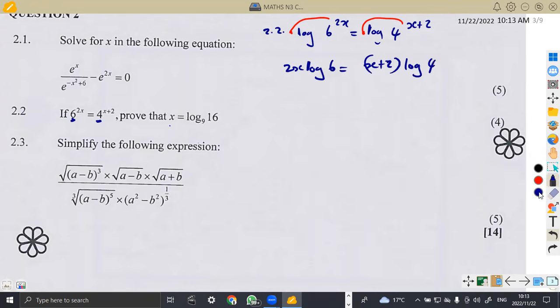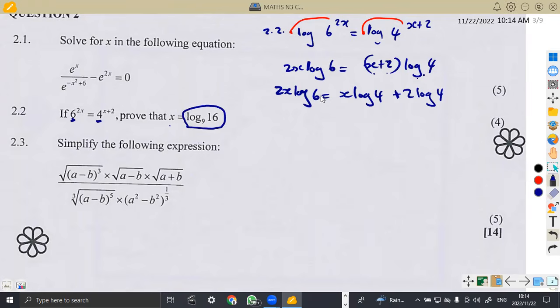Expand: 2x log 6 is equal to x times log 4, that's x log 4, and 2 times log 4, that's 2 log 4. So from this part, if we are to cross-check, our answer is in terms of log. So you're not supposed to simplify log 6. You're supposed to leave it as it is.